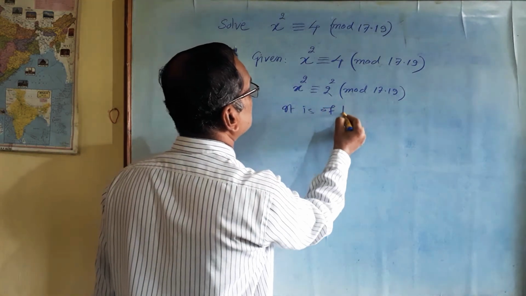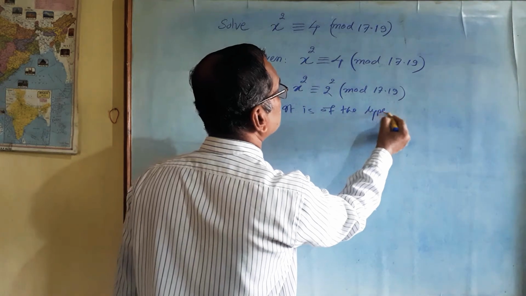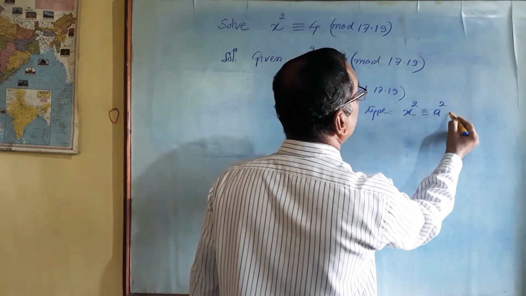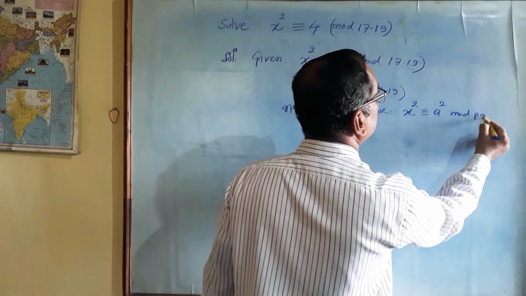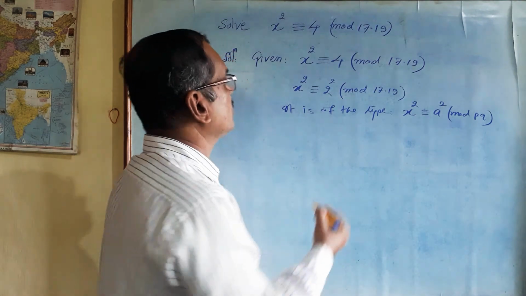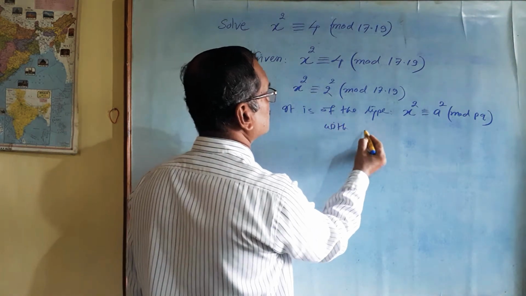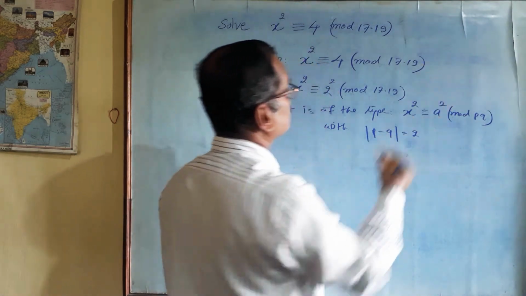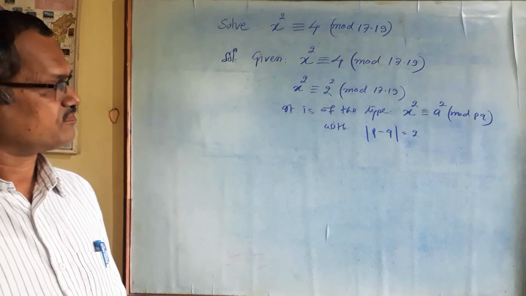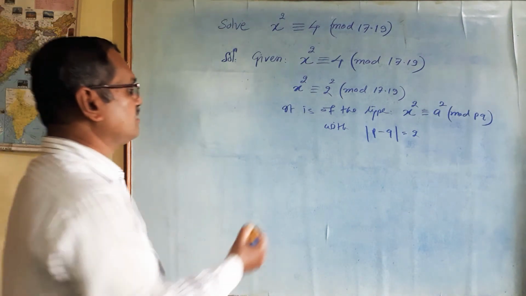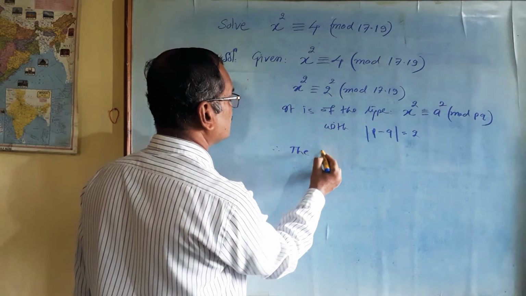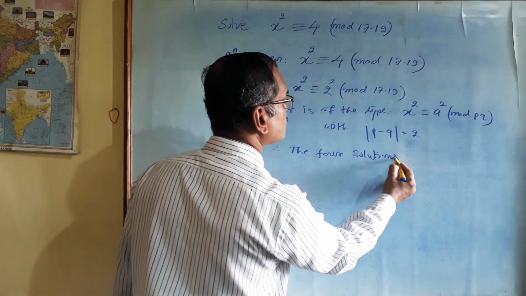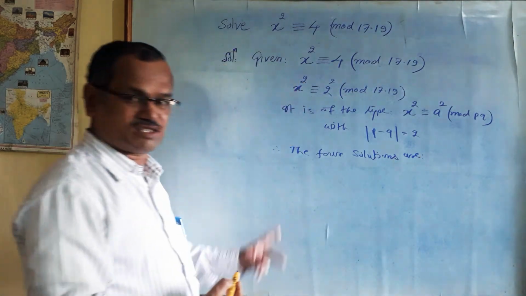It is of the type x square congruent to a square mod pq with mod p minus q equal to 2. See, 17 minus 19. And therefore, the 4 solutions are given by this formula.